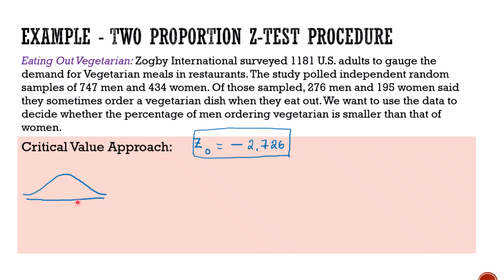This was a left tail test because we are trying to test whether the proportion of men ordering vegetarian is less than the proportion of women, correct? So that made it a left tail test. So the reject region is going to be on the left hand side, right? And the do not reject region is going to be on the right hand side, on the other side of the reject, in other words.